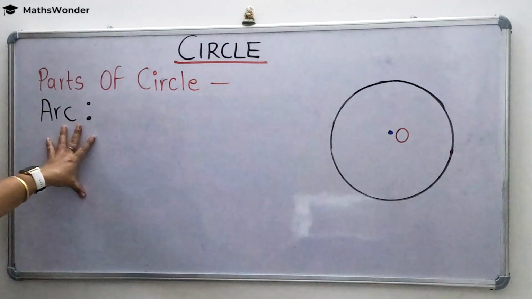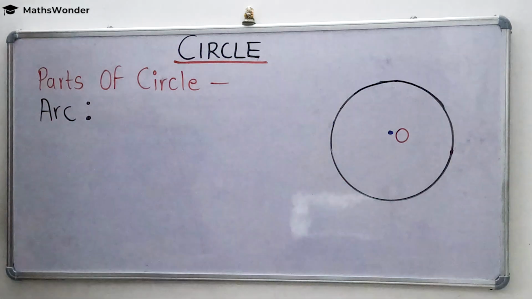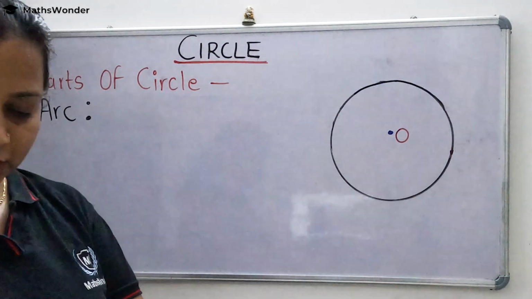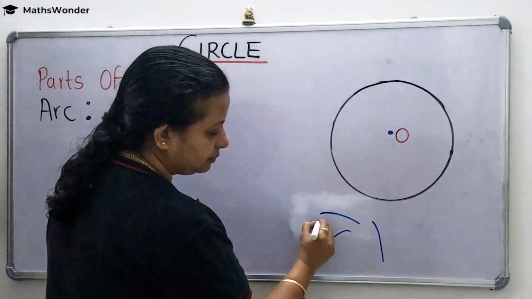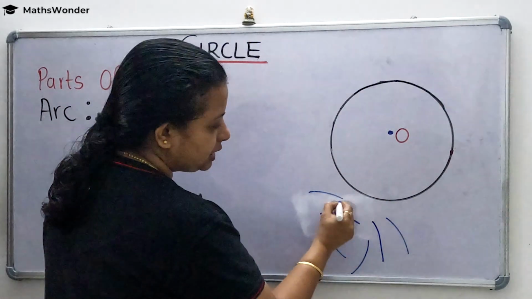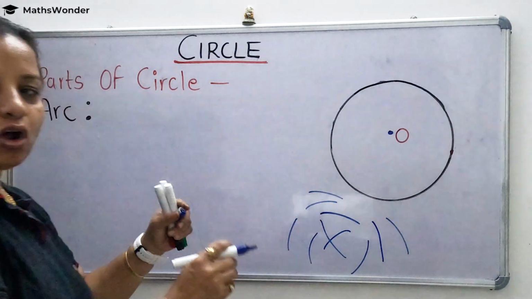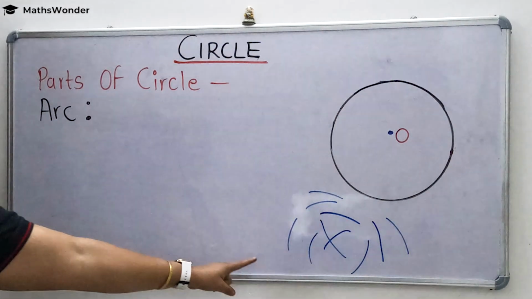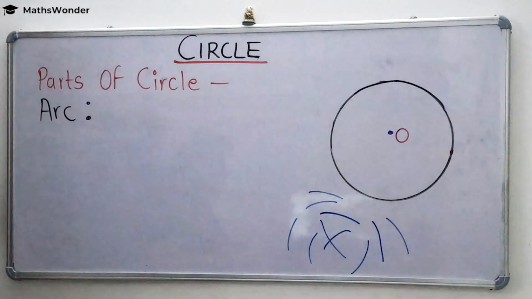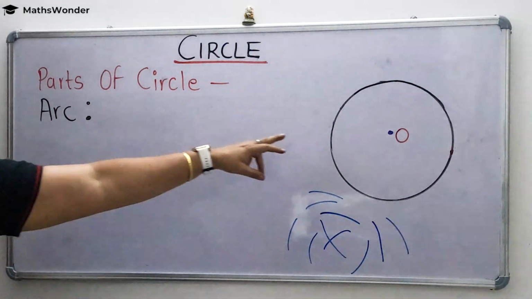Suppose a little girl drops her glass bangle, and it is broken into small pieces like this. These pieces are parts of the bangle, and these pieces are called the arcs of the circle.